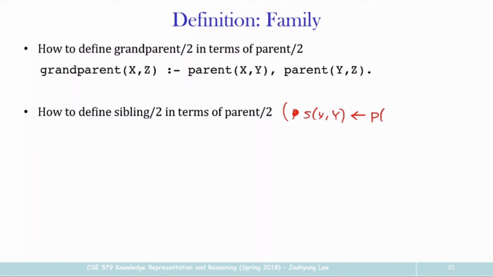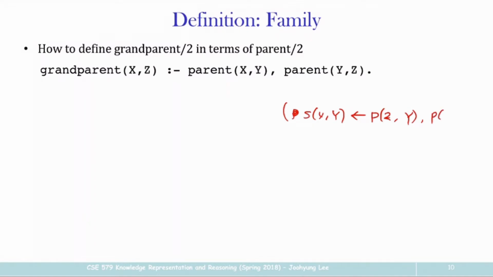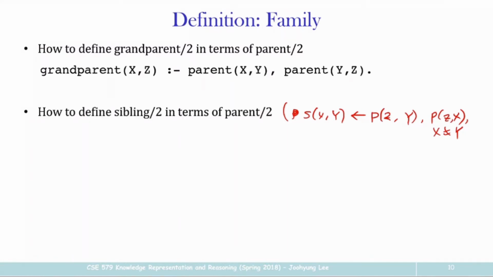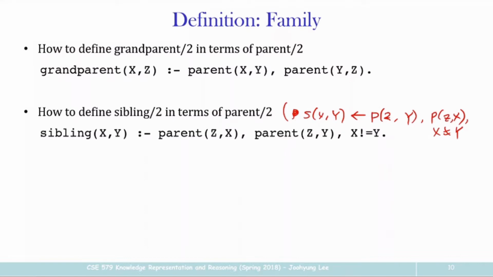So parent ZY, parent ZX, X not equal to Y. Okay. So yeah, that's what I had here too. They have the so-called common parent, which is not explicit here, but this parent is actually Z, right? So Z is the parent of X and Y, and also you have to say that X and Y are distinct objects.